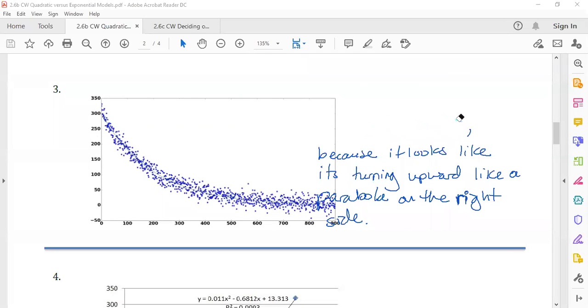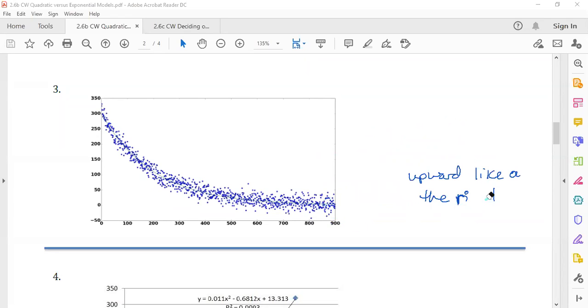I'm going to go ahead and erase this while you guys are doing that. Exponential or quadratic?